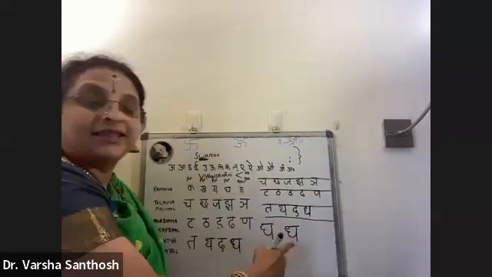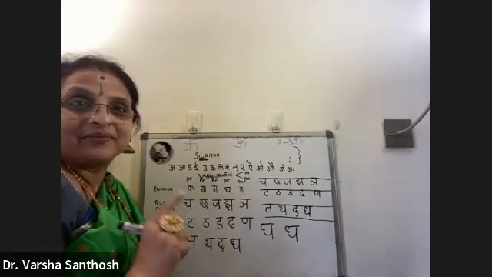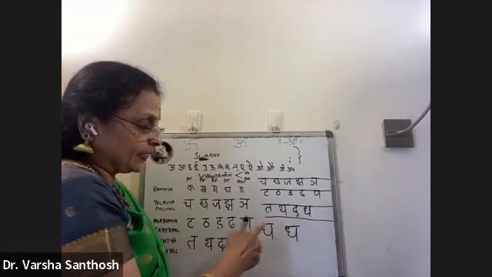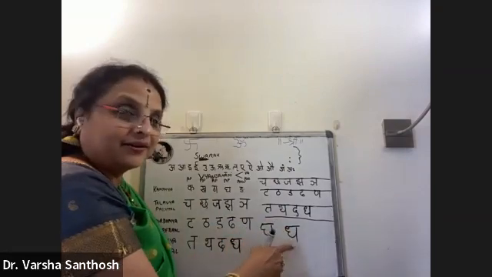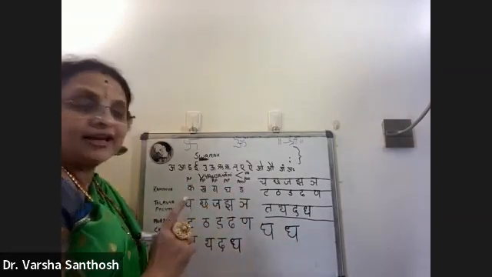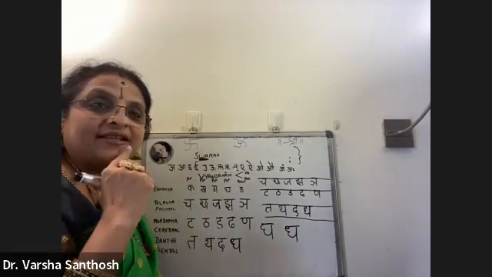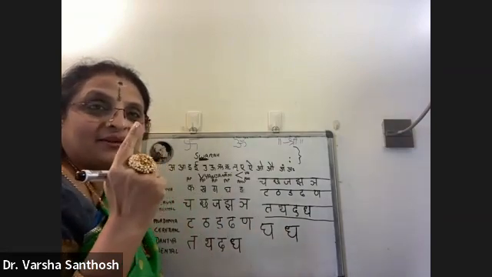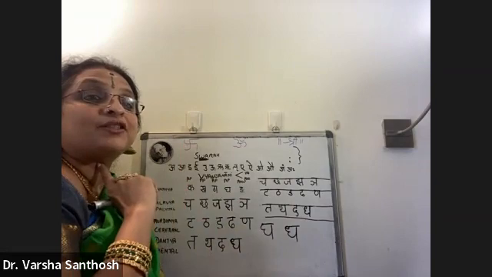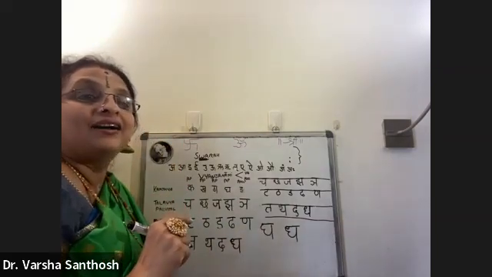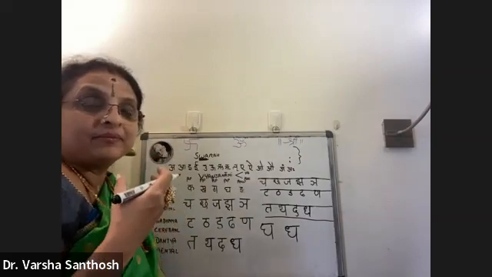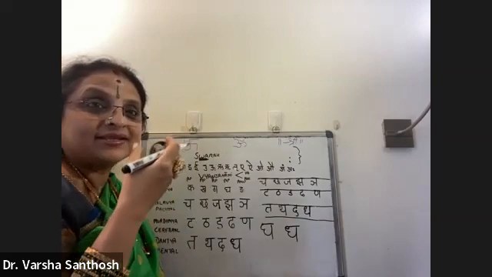Dha is a DH sound. The similarity is there; the difference is this knot. Gha comes in the kanthya category. Dha comes in your dental category. While saying dha, the tongue has to touch the teeth. While saying gha, the sound is coming from the throat and the tongue is not touching the teeth. So we have to be sensitive and aware of this differentiation.